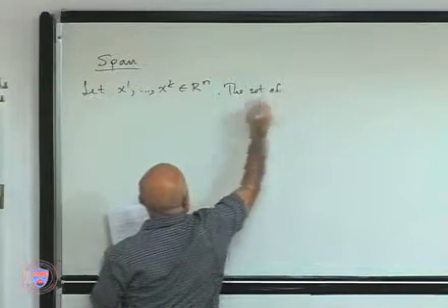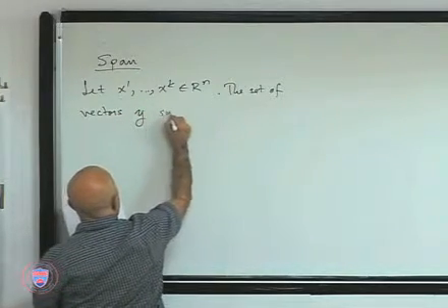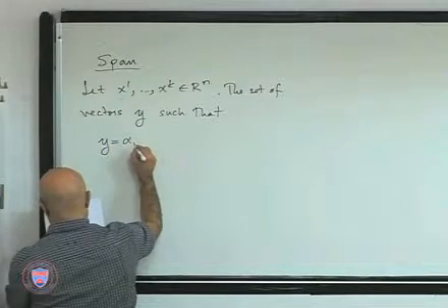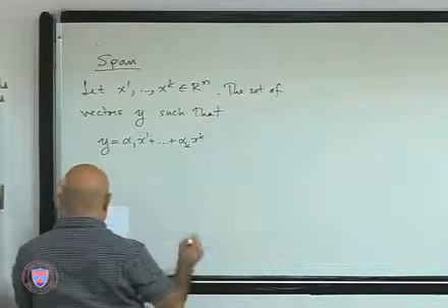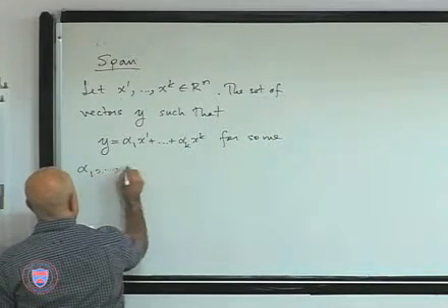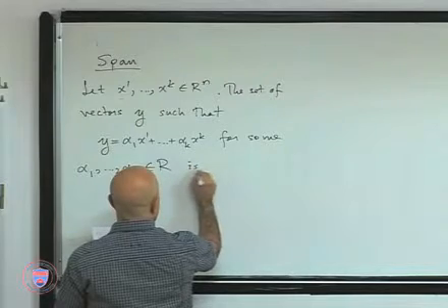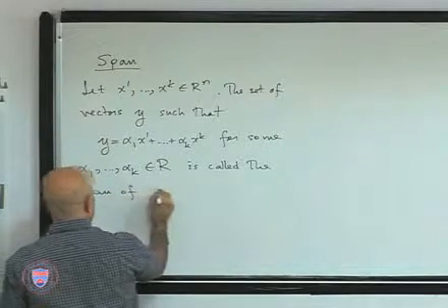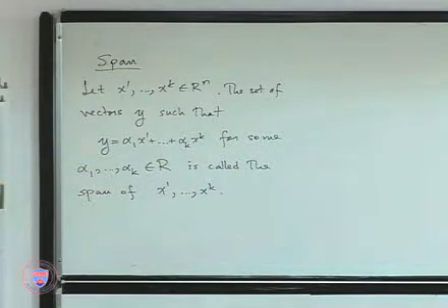The set of vectors y such that y is equal to alpha 1 x1 plus up to alpha k xk, for some choice of numbers alpha 1 through alpha k, each in the real line, is called the span of the collection of vectors x1 through xk.